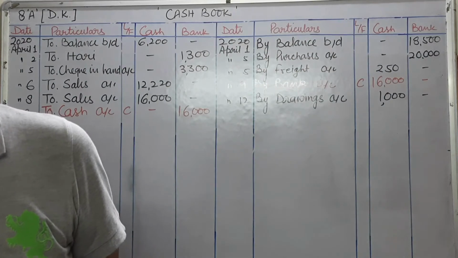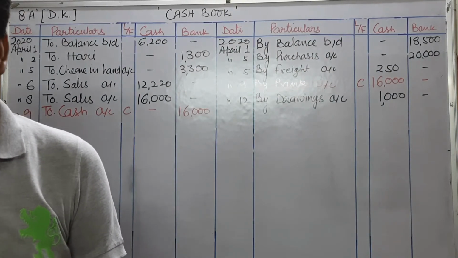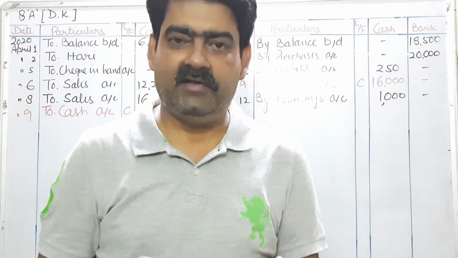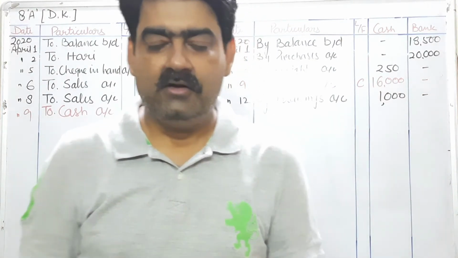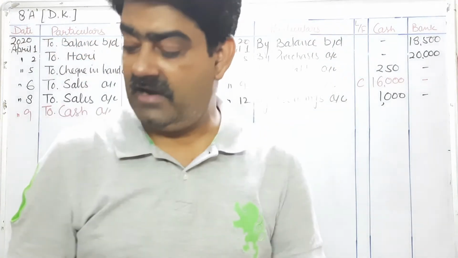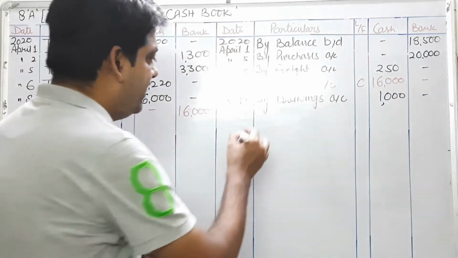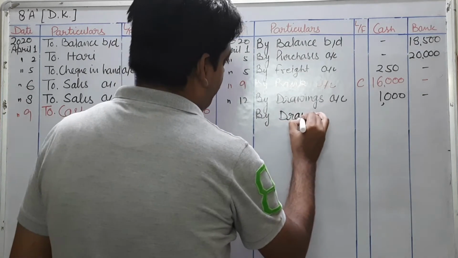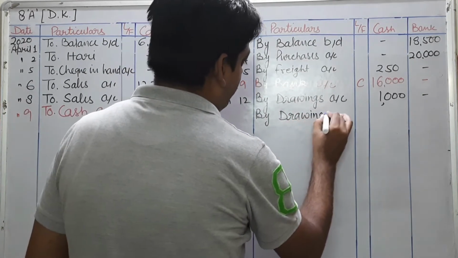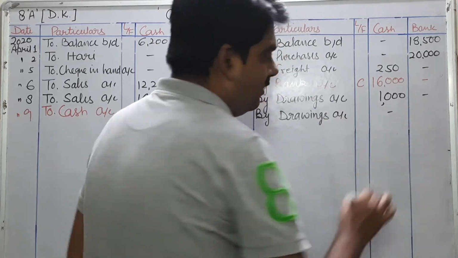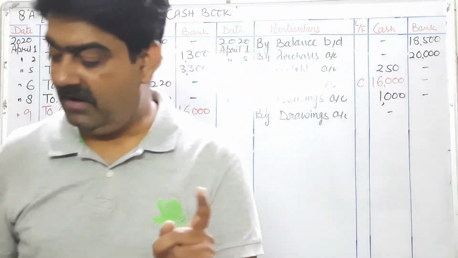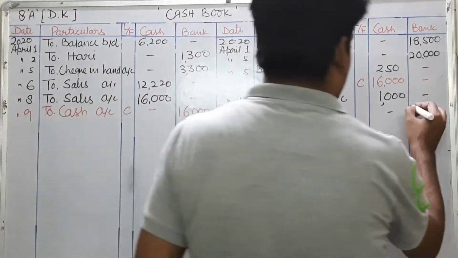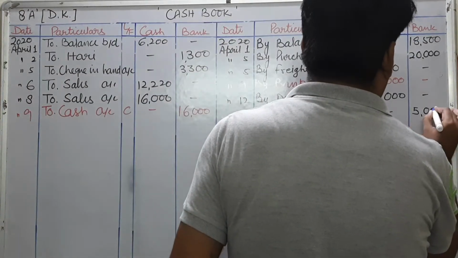Now see next is withdrew by check for private use. See, this time we are withdrawing an amount for personal use but from the bank. So our journal entry will be drawings account debit to bank, and the treatment will come in the credit side by drawings account, but this time the amount will come in the bank column. 5,000 rupees will come in the bank column.